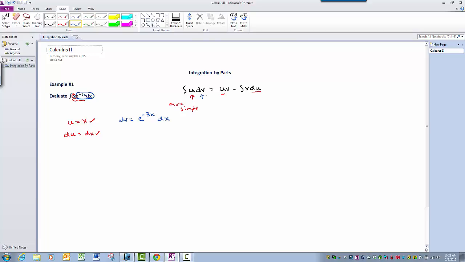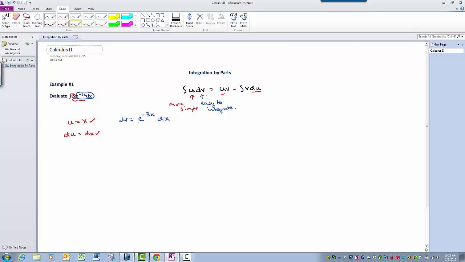Now your choice for dv, well, again, it's what's remaining, but also this should be pretty easy to integrate, or it should be easily known or well known, or there should be some formula for it.